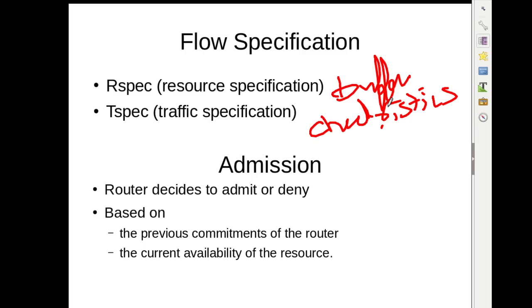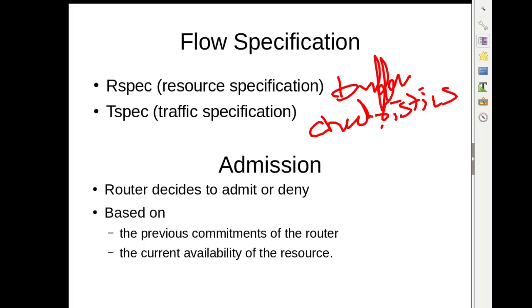Now talking about admission, what happens after the router receives the flow specification? These are the quality of service requirements, right? So these are the things: buffer, this much bandwidth, this much traffic-related information. These are the requirements.